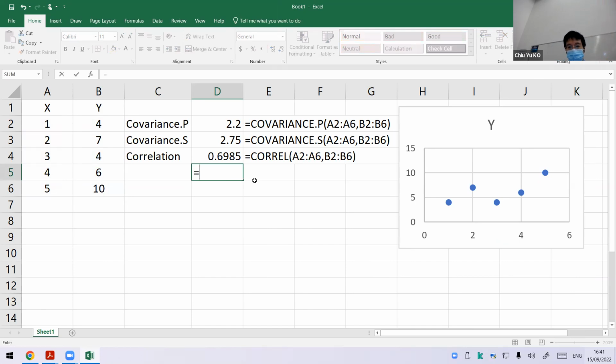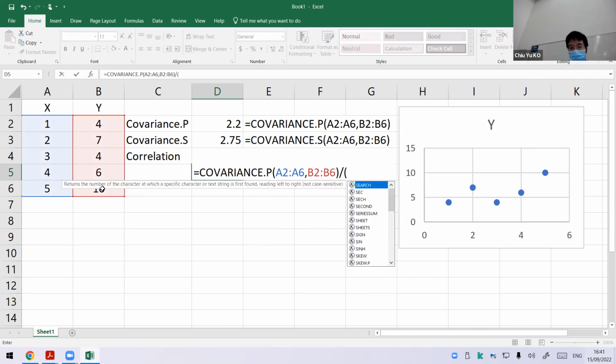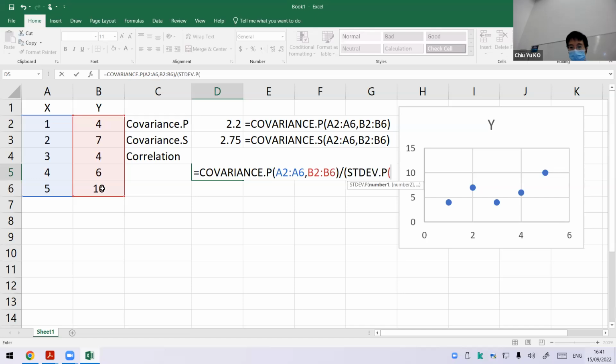So what I'm going to do is I use the covariance P of this and this part as the numerator. And I want to divide by the standard deviation, population version, for the X, multiplied by the standard deviation, population version, for the column Y.